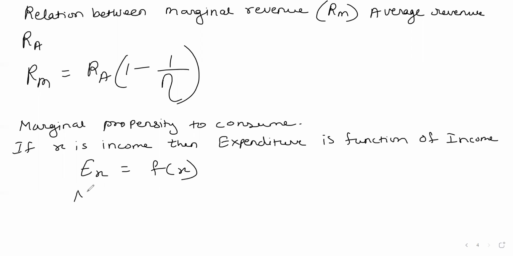Marginal propensity to consume given by MPC is first order derivative of this function. Average propensity to consume is total expenditure upon income.